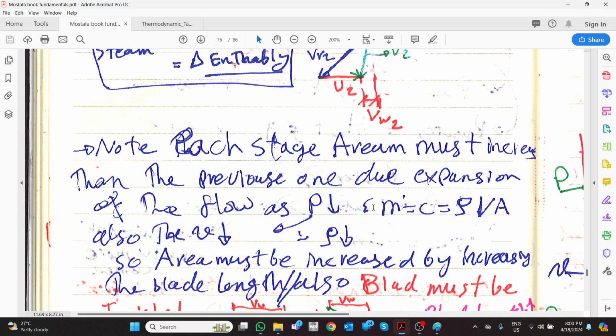For a simple reason, we know that m dot is constant, and we know m dot equals rho v area, and we know that because the pressure is going down, and the density is equal to pressure divided by RT. So when the pressure goes down, of course the temperature will go down by the way, but also density goes down. So because density goes down and m dot is constant, the velocity also goes down.